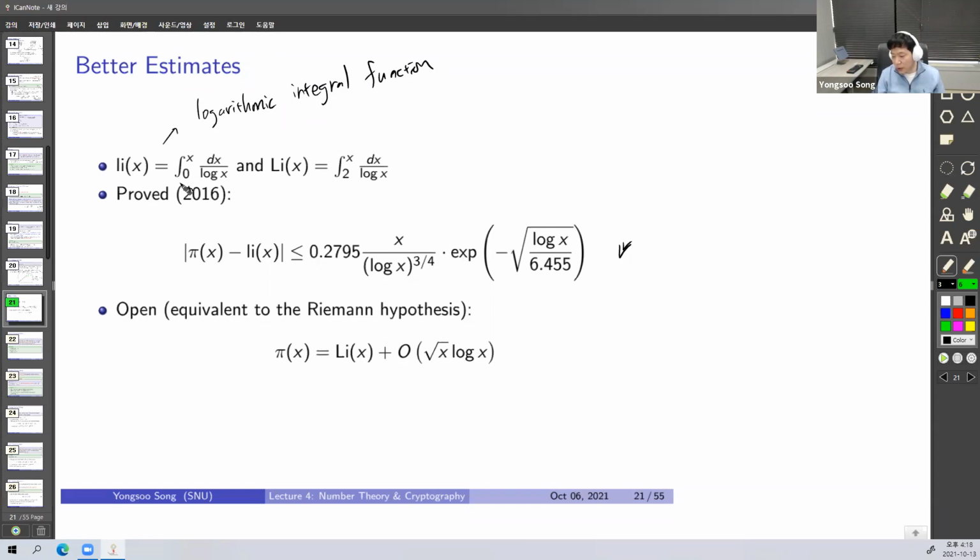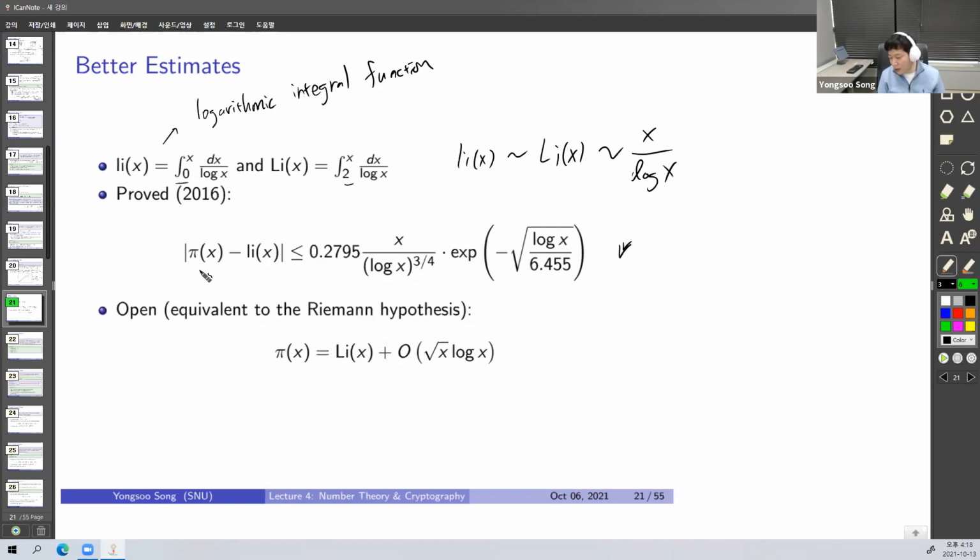The first one takes an integration from 0 to x. The second one starts from 2. So they are almost the same function, but have a constant difference. They all have the same scale as x over log x. So this is the latest proved result.